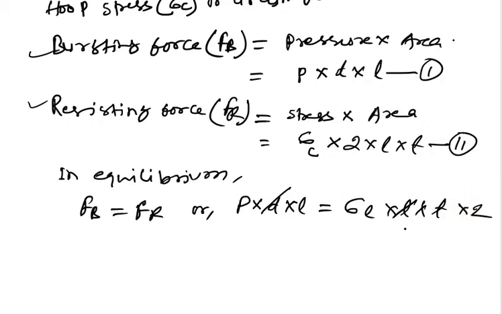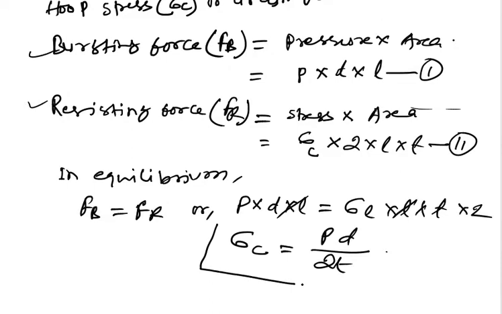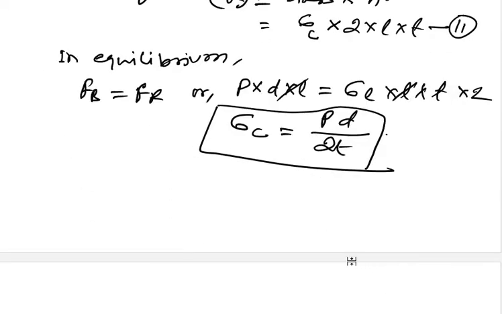So sigma C is equal to PD upon 2T, correct? This is known as hoop stress. This is the expression of hoop stress for the thin cylinder.